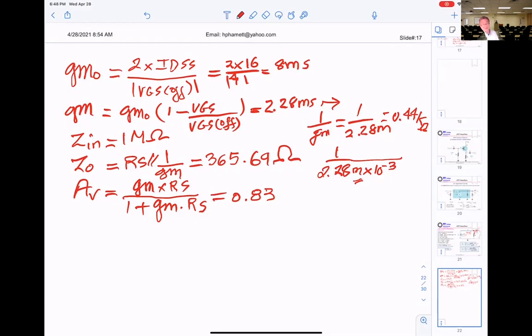The first time you run through the JFET amplifier, you don't really understand much.